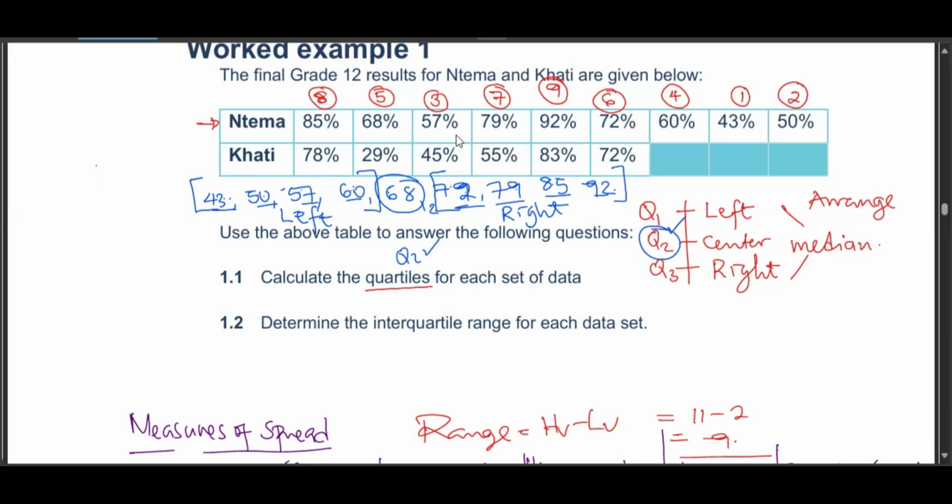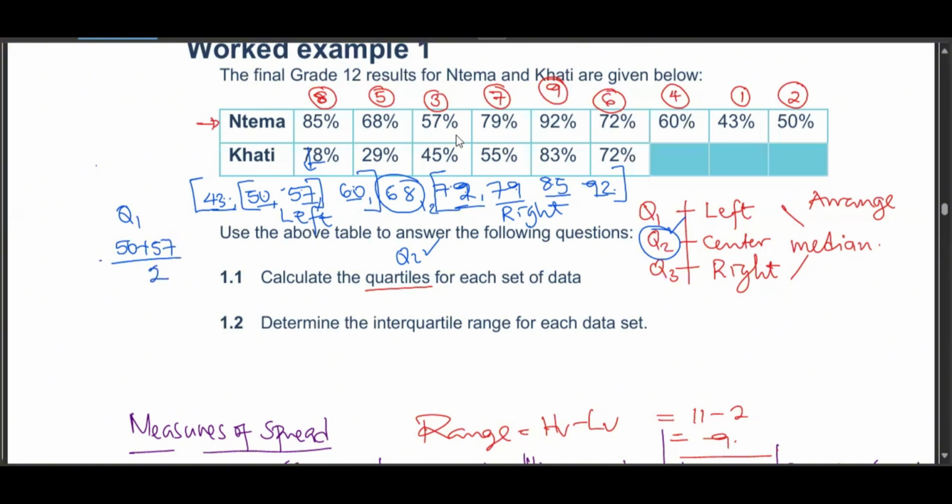So what are we waiting for? We're waiting for Q1 and Q3, but let me start with Q1. You are remaining with four numbers on the left-hand side. So our Q1 will be 50 plus 57.